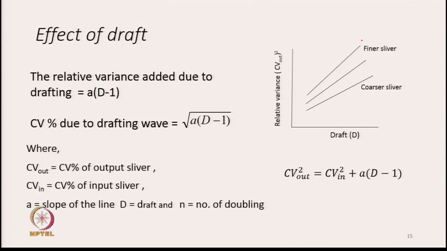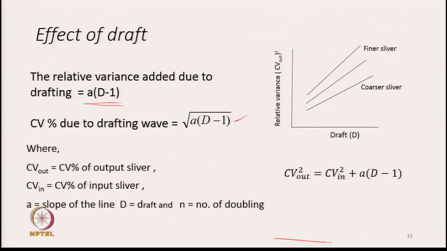So, the relative variance added due to drafting is A into (d minus 1). The CV percentage due to the drafting wave, therefore, will be the root of the variance, so it will be root over A into (d minus 1).